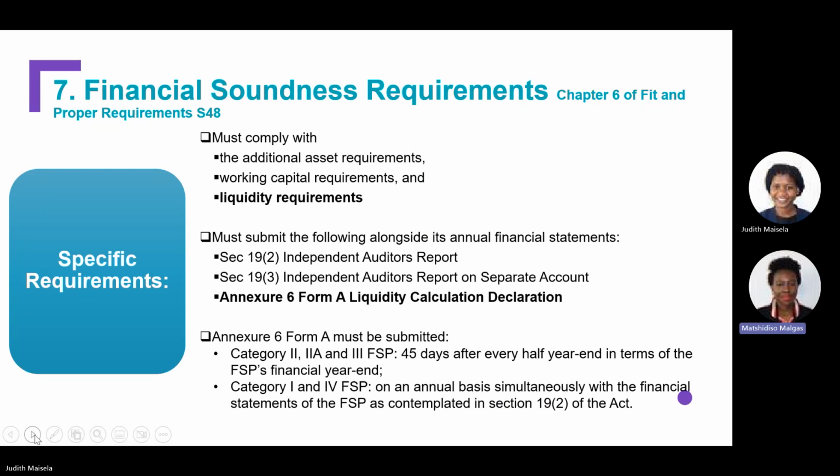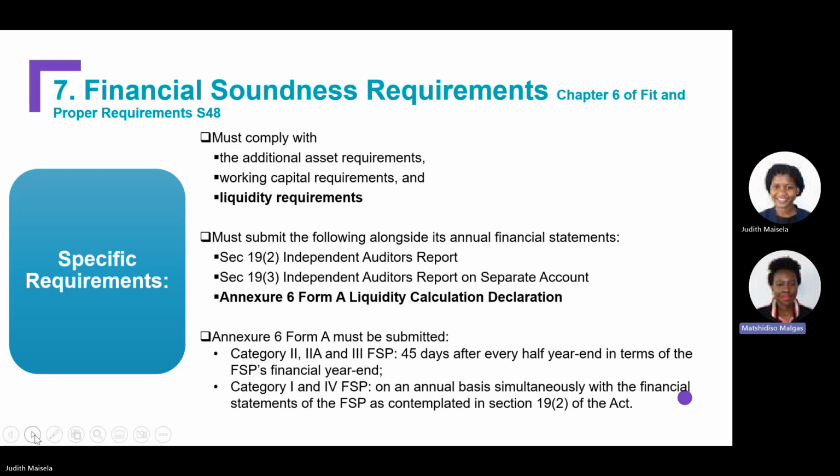And for the rest of the FSP categories, such as category 2 FSPs, category 2A, and category 3 FSPs, this declaration must be submitted biannually based on the FSP's financial year end. This declaration must reach the FSCA within 45 days after the financial half year end of the FSP.